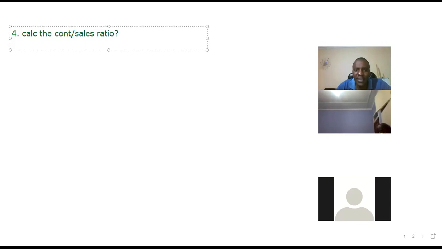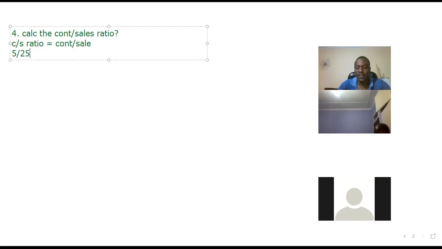So let's do this one. As a format, the CS ratio is equal to contribution over sales. How much is our contribution? Quarter 5, over our sales, 25.